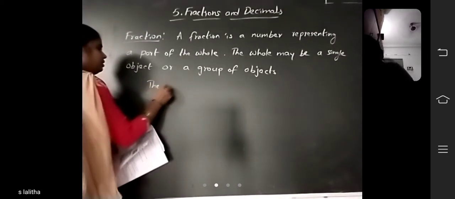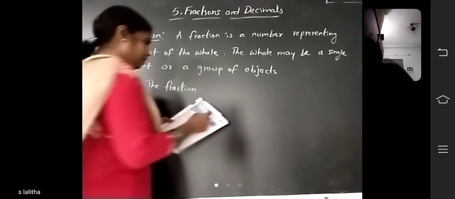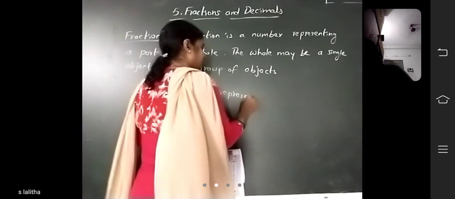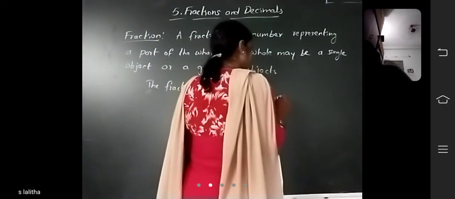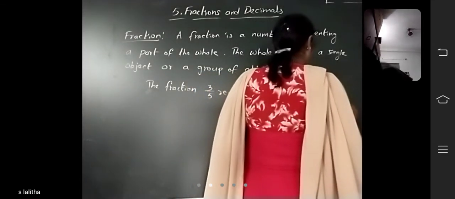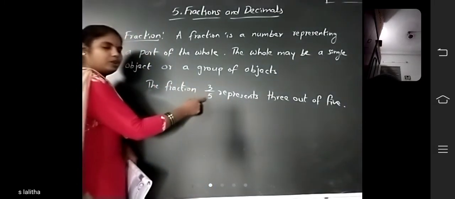The fraction 3 by 5 represents 3 out of 5. See here, the fraction 3 by 5 represents 3 out of 5.